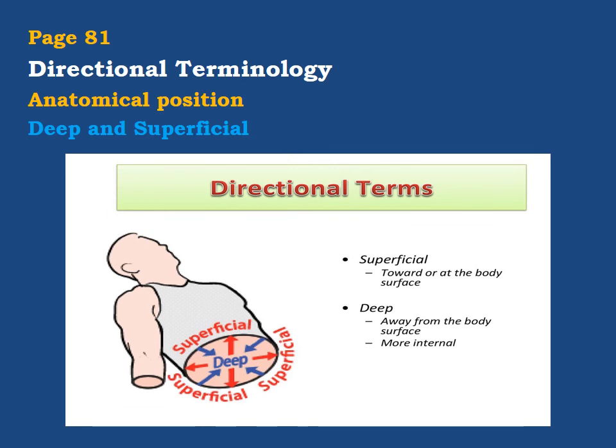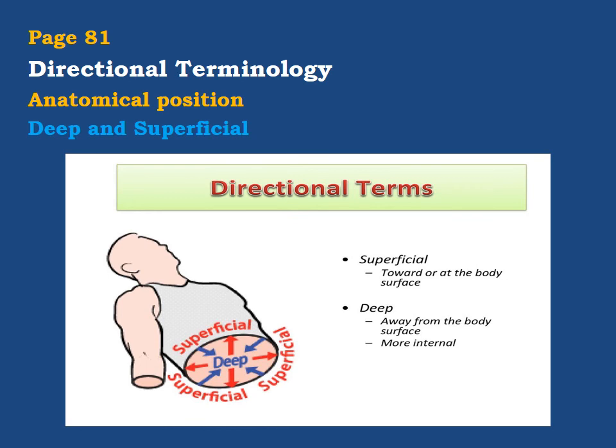Now we have other directional terms: deep and superficial. Deep and superficial, they are used in common English, all right? But we use them again as directional terms to describe planes. What is meant by superficial here? It means toward or at the body surface.